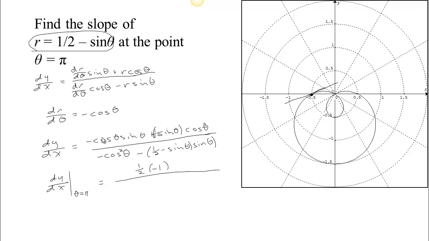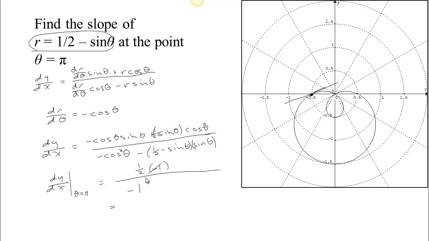That's all we have upstairs here. Now we have minus cosine squared. Now the cosine of pi is -1, so if you square it you get 1, but then there's a negative out in front, so we're back to -1. And then the rest of this is all multiplied by sine theta, right? So this number would be 1/2, but then the sine of pi is 0, and so that gets wiped out.